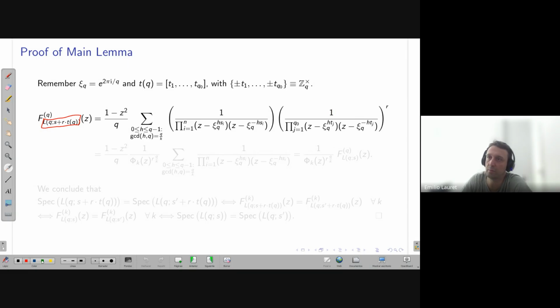Let's assume, to make it easy, that here should be a K. Should be a K, and I want to assume that this Q. Sorry, this is a mistake. Assume K is equal to Q. So you have to sum over the H such that are coprime to Q. This must be 1, okay? And if this is 1, remember the j are coprime to Q, and this H is again coprime to Q, okay? And what is this?